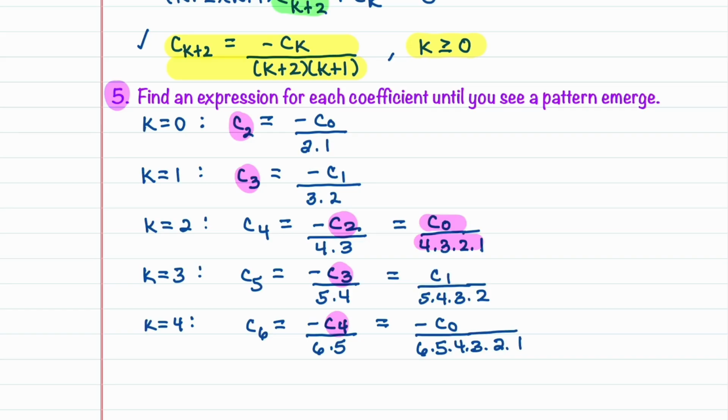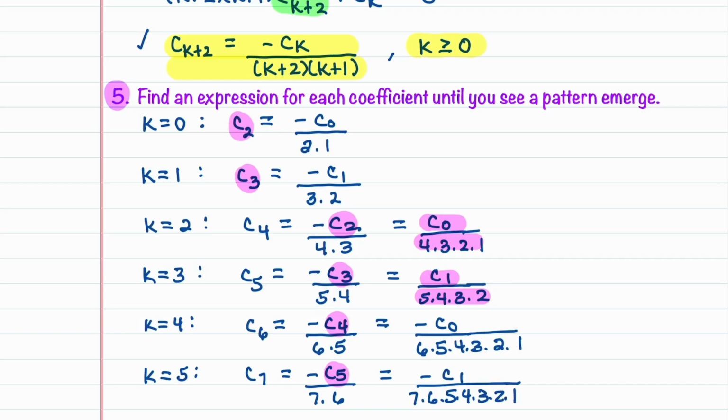Let's go ahead and just do one more, and I think this will be enough to really see our pattern. When k is 5, we get c7 is equal to minus c5, all divided by 7 times 6. We're going to substitute in for c5. That's this part over here. And we have a negative, but now it's minus c1. And we have 7 times 6 times 5 times 4 times 3 times 2. And we can always put a 1 there too.